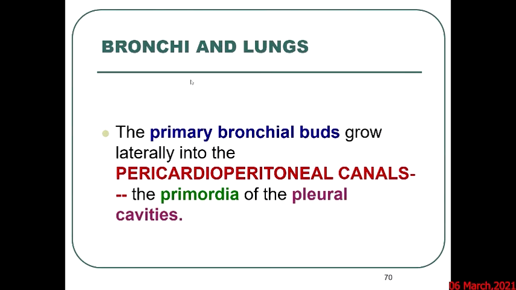And I told you the pericardio-peritoneal canal will develop into the pleural cavities. So where will these primary bronchial buds grow? They need a space, and that space is the pericardio-peritoneal canal, which is nothing but the primordia of the pleural cavities.